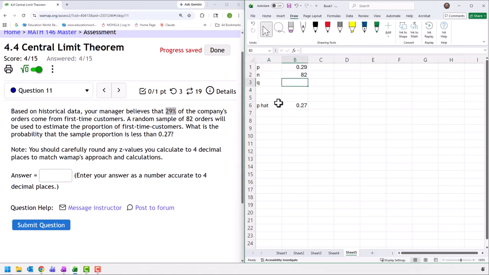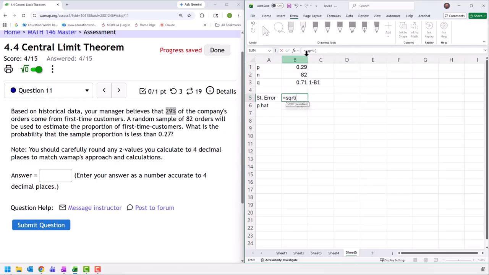Now, from our data that we know, we can find Q by doing 1 minus P. And then we can find a standard error of our proportion.